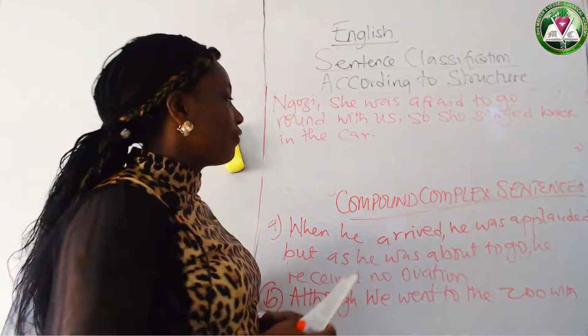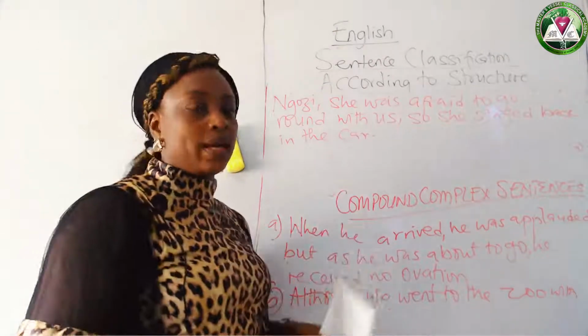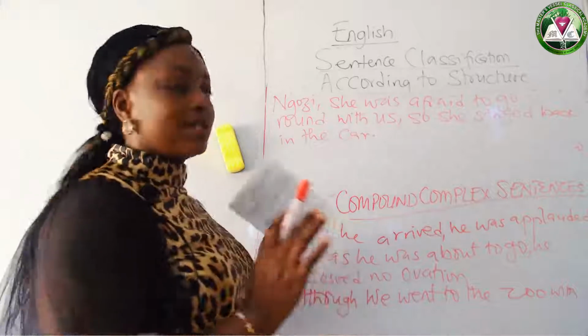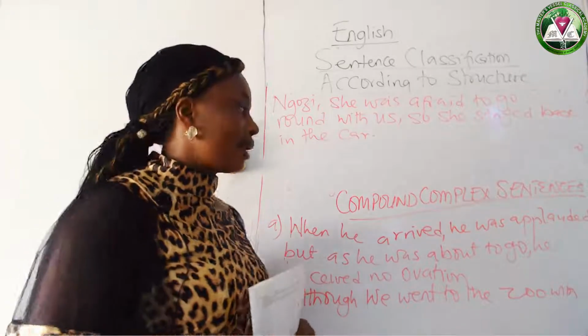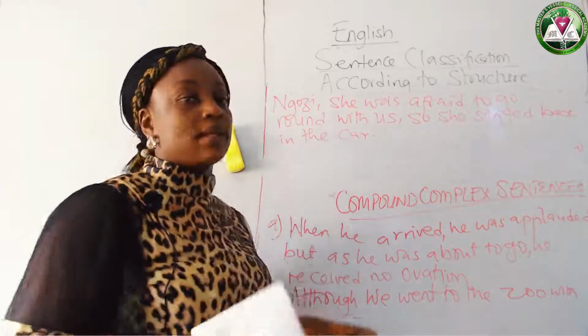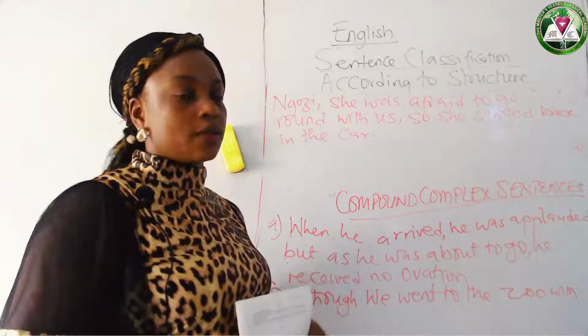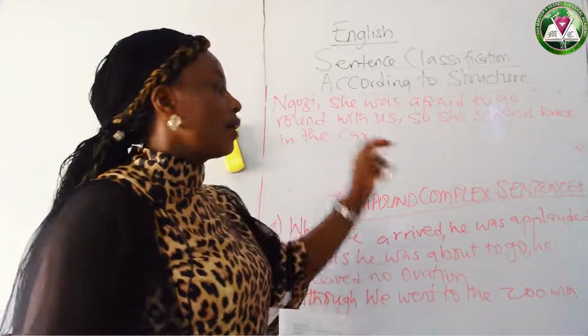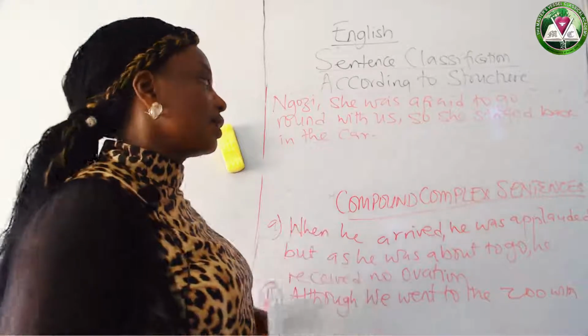So we also have compound complex, combining both compound and complex sentences together in a sentence. And remember, when you're writing a compound complex sentence, it's expected that the reader should see all the features in compound sentence, complex sentence, put together in the compound complex sentence.